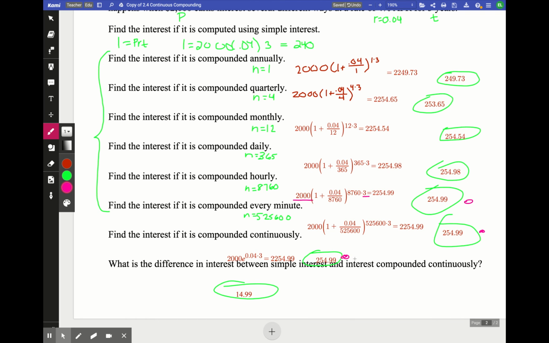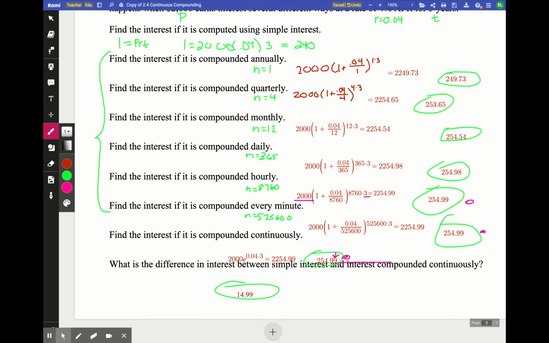But once you get so far into it, the differences lie in these decimal places past the 100th decimal place. But since we're dealing with money, we only worry about up to the 2nd decimal, obviously. So at this point, you can go ahead and start working on the application questions, finishing them for Unit 2.